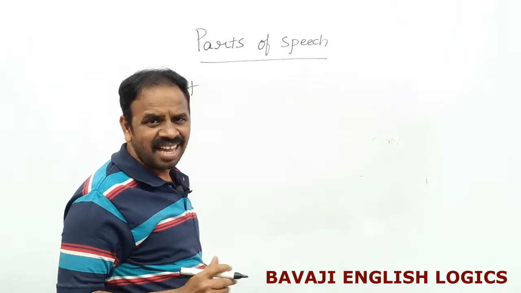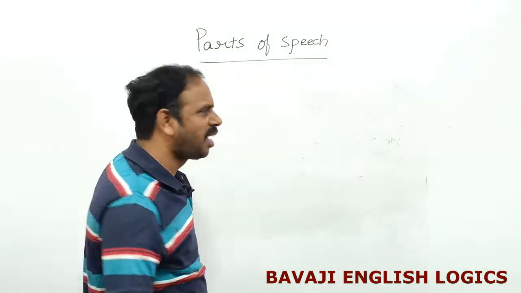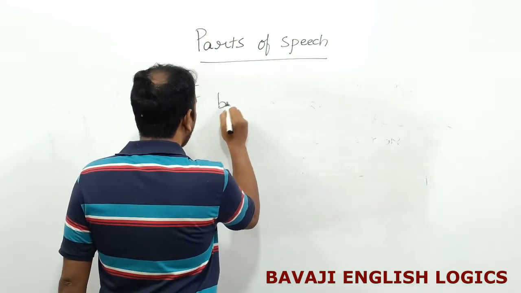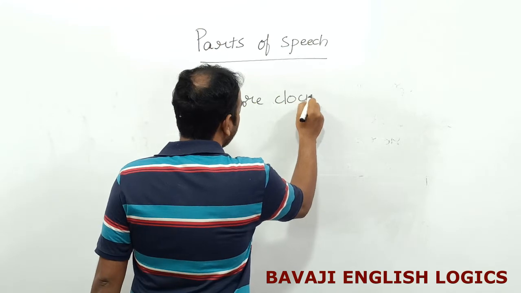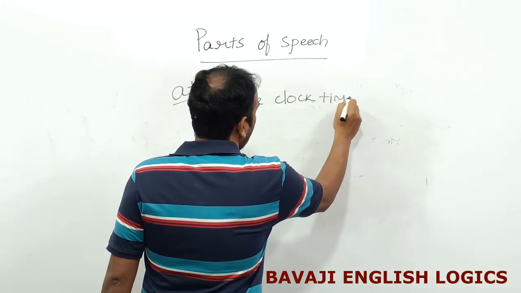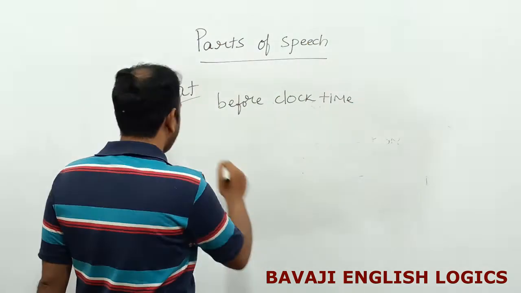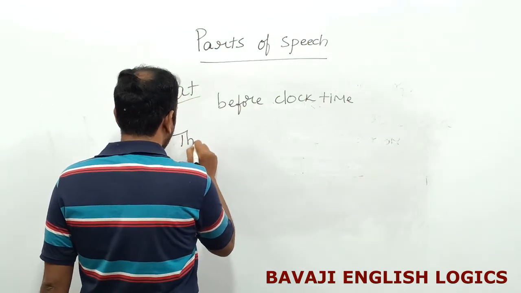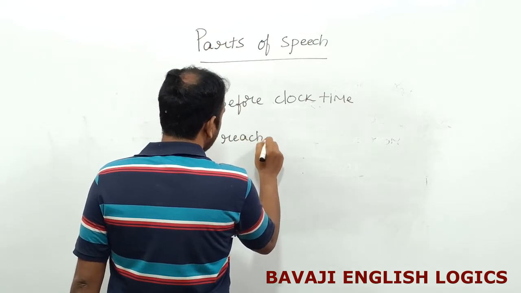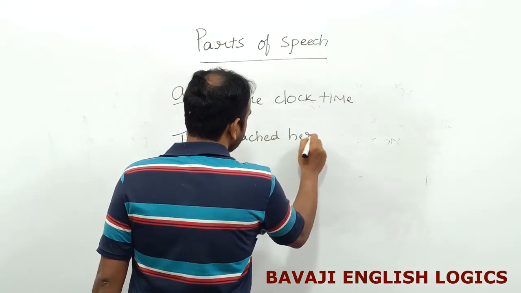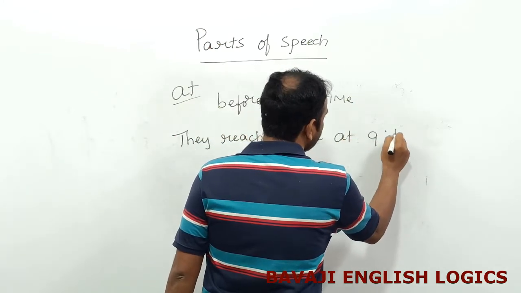Preposition at. At is a preposition which should be used before clock time. They reached here at 9 o'clock.